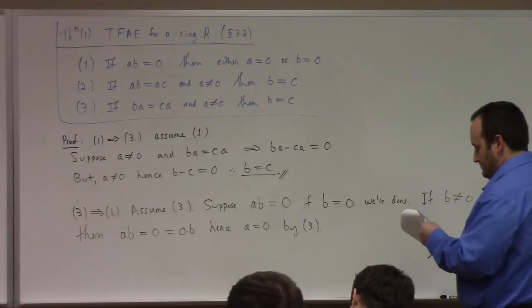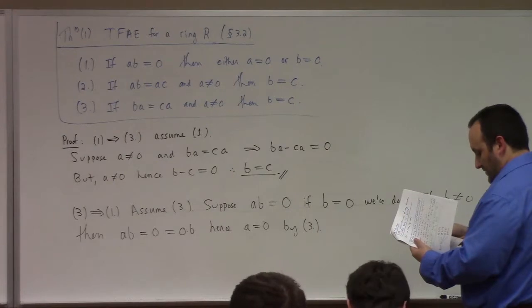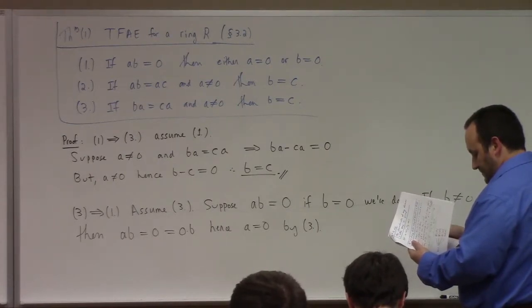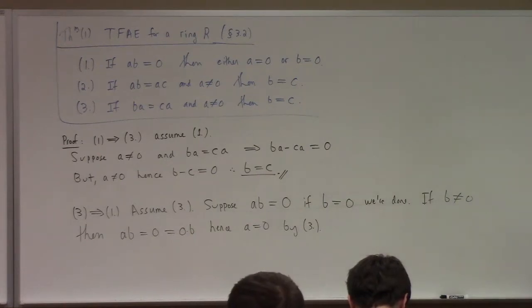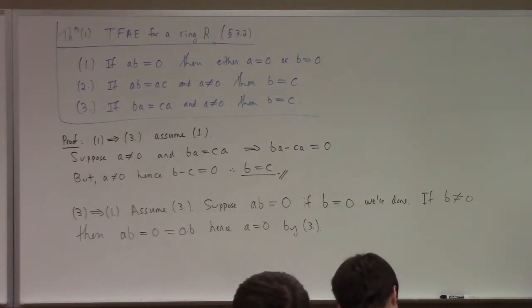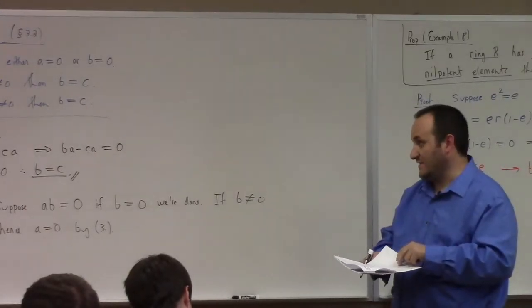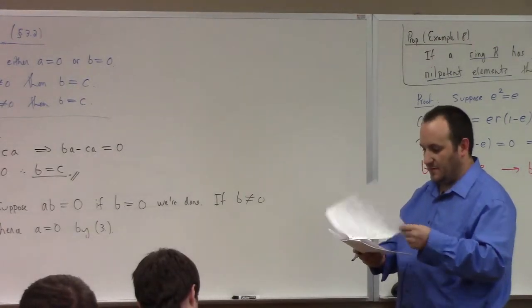So every division ring is a domain, and hence every field is an integral domain. Because a field is a commutative ring in which every non-zero element has an inverse. Sorry, I'm getting off track here.